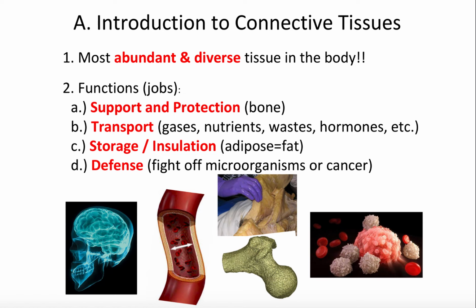They also provide storage and insulation, like fat. And they provide defense, such as fighting off microorganisms like viruses and bacteria or cancer through your white blood cells. So these are all important roles of connective tissues. Not all the connective tissues are listed here, but they ultimately participate in this.